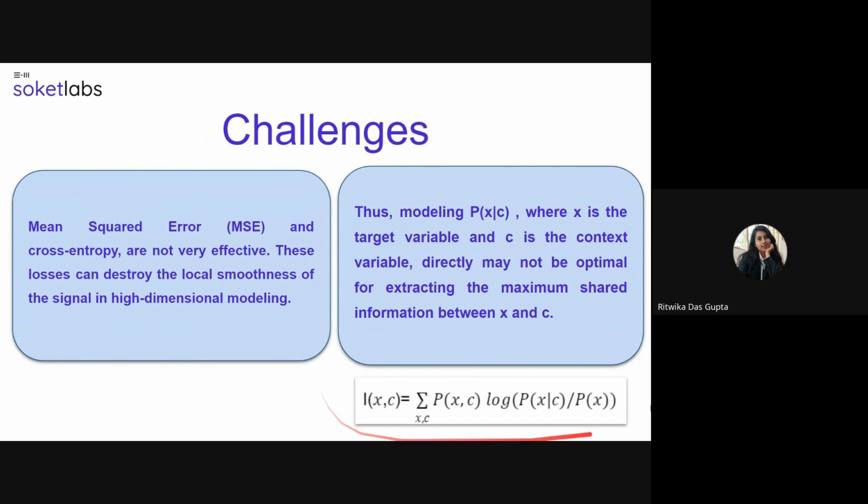So we use this kind of formula, where we divide by the entire probability instead of just using the conditional probability, so that it can get the maximum mutual information between the context and the target variables.